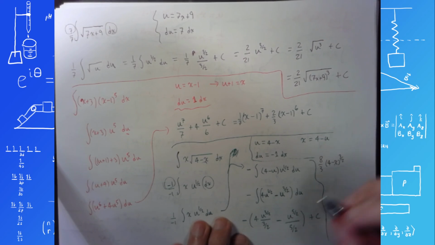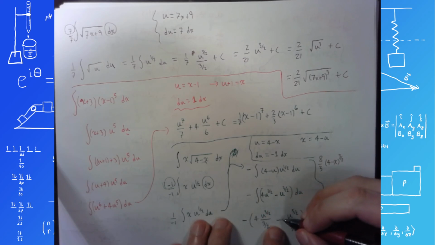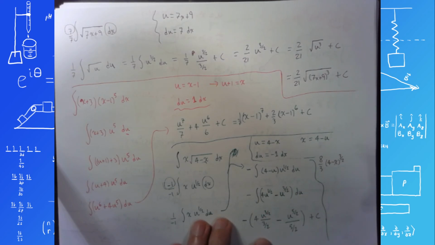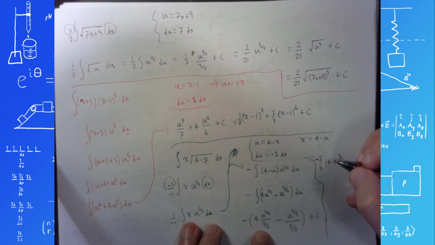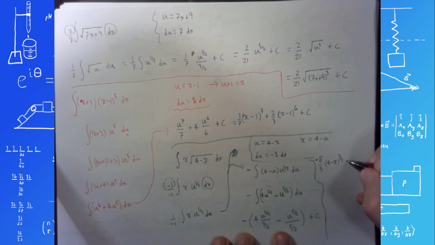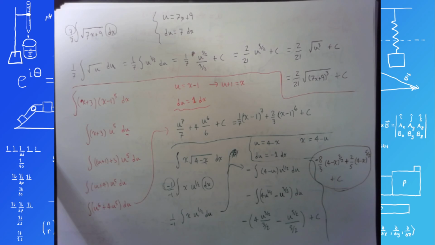And then, wait, I forgot the negative, yeah, distribute the negative to it, so negative 8 thirds, and then distributing the negative to this makes it a plus, and then u to the 5 halves over 5 halves, that's the same as multiplying by 2 fifths, and then 4 minus x to the 5 halves, and of course plus c. And we're done there.